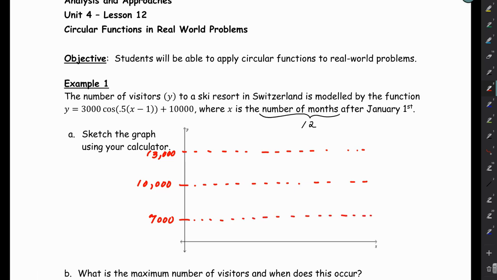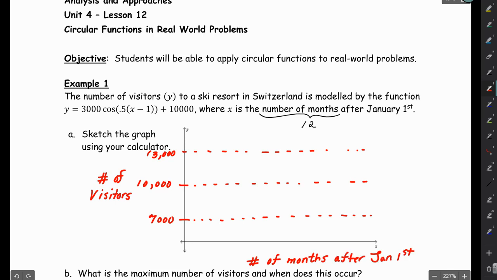And the y-axis is giving us the number of visitors, so we want to label the axis. The x-axis is the number of months after January 1, and that's going from 0 to 12.